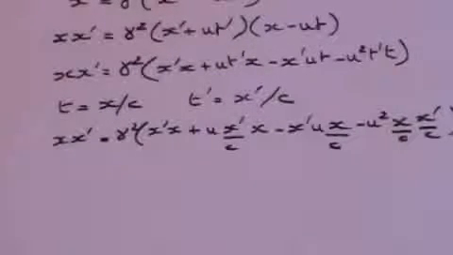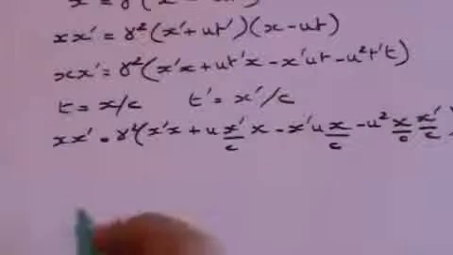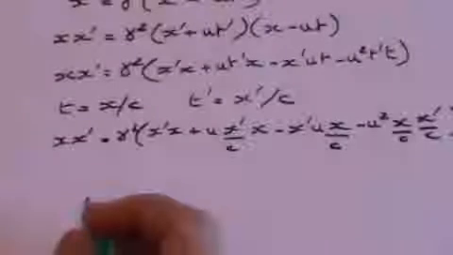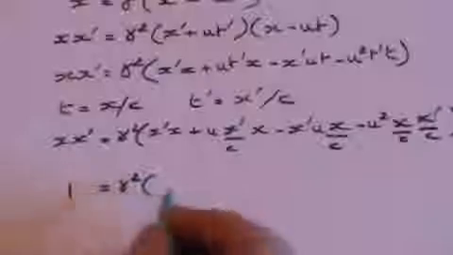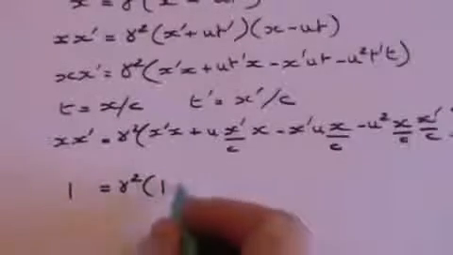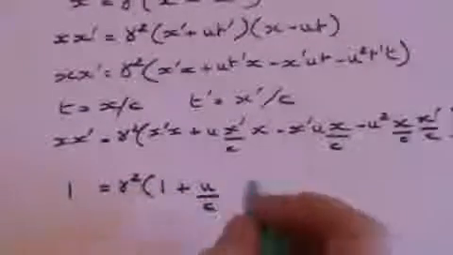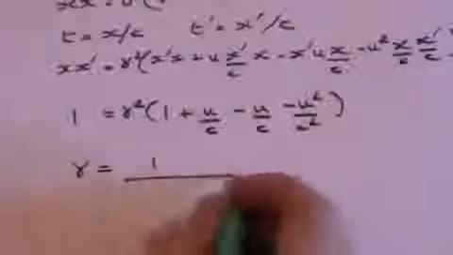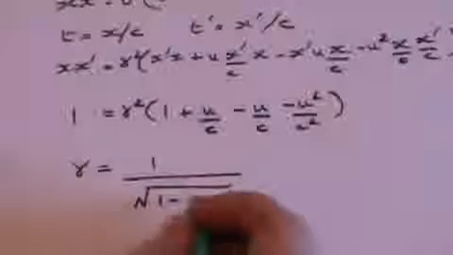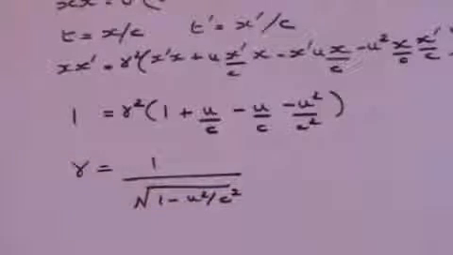Now we can divide all those terms by x x prime, and that gives us that 1 equals gamma squared into (1 plus u over c minus u over c minus u squared over c squared). And that means that gamma equals 1 over the square root of 1 minus u squared over c squared.